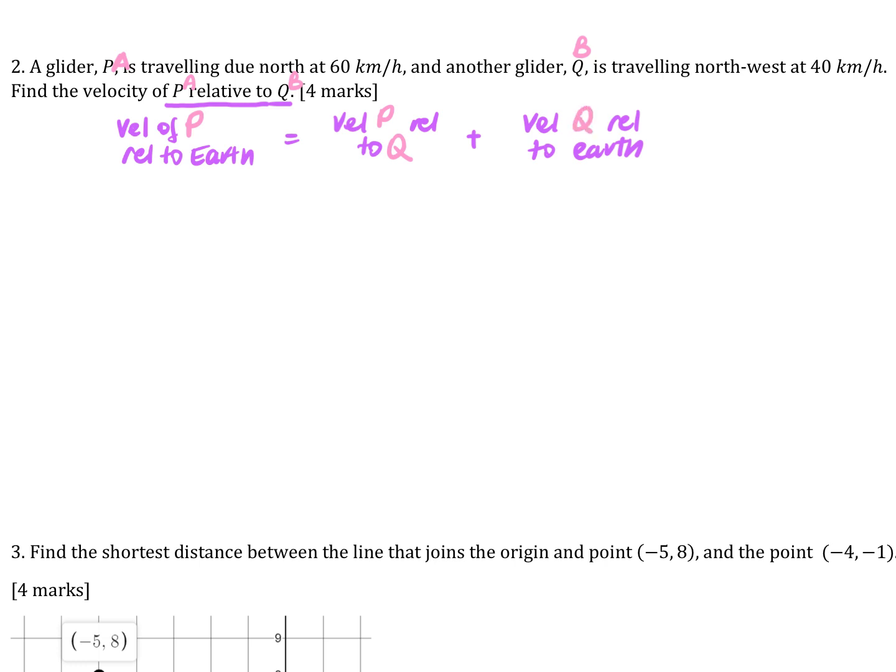Okay, and what am I after? That is the bit that I'm after. So I'm just going to call that, maybe that can be x, y. That's what I'm looking for. Okay, velocity of P relative to Earth.